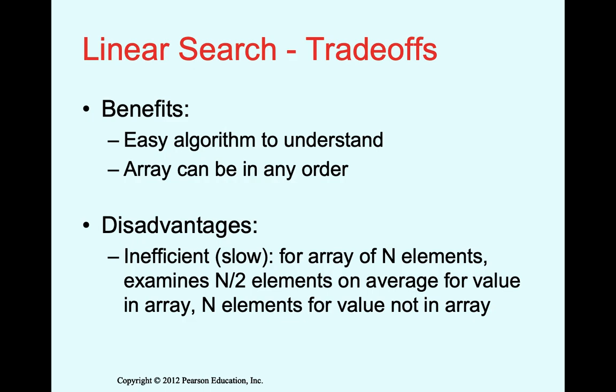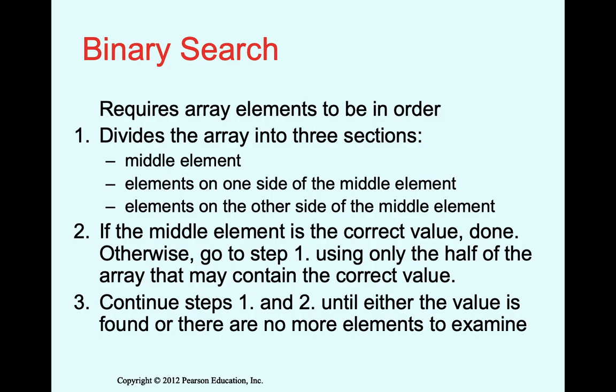So it's not efficient. Binary search is another algorithm, but this requires the array to be sorted before. How it works, we divide the array into 3 sections: the middle element, the elements on one side, let's say the left, and the elements on the right.